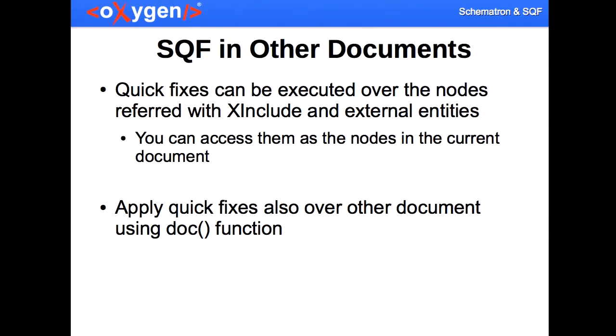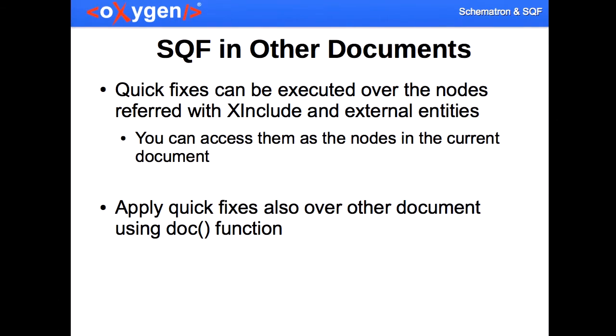Now we'll go on with the SQF updates. So we added a few new things in the Schematron QuickFix part. Now you can execute fixes over other documents than the current one that is validated.